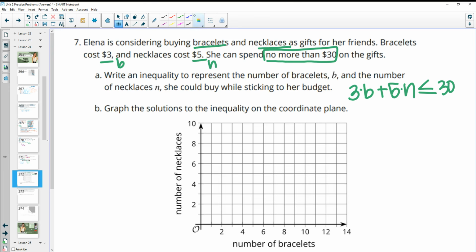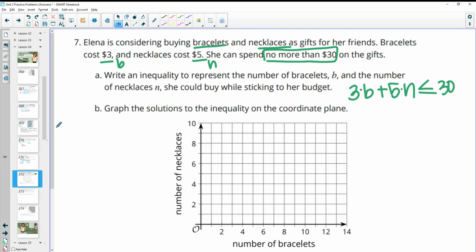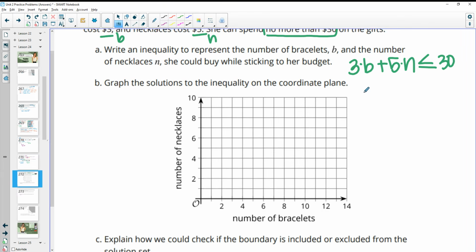So there's our inequality. Then it asks us to graph this. So I'm going to graph by the intercepts. And the intercepts really in context mean that she's only buying bracelets. So if she buys 0 necklaces, how many bracelets does she have to buy? And we would just do an equal sign here.